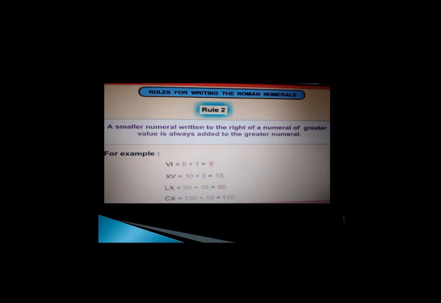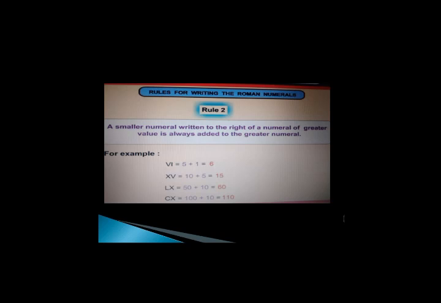Now the rule number 2. A smaller numeral written to the right of a numeral of greater value is always added to the greater numeral. Now see few examples to make it more clear. VI. See, V has the value 5 and I has the value 1.